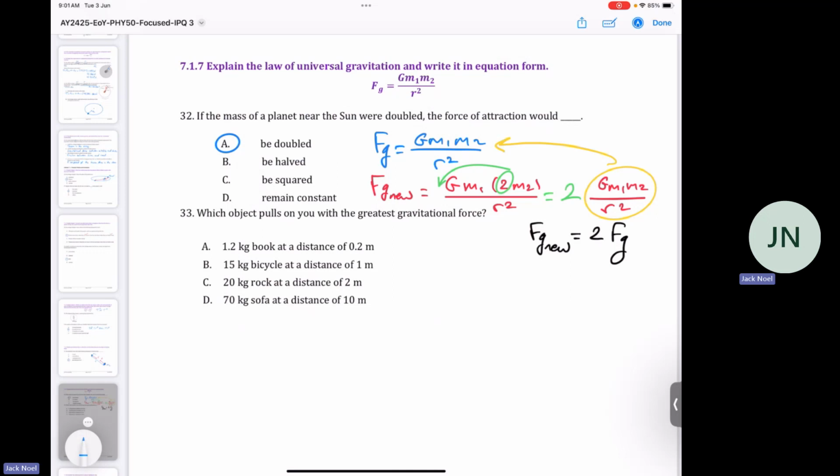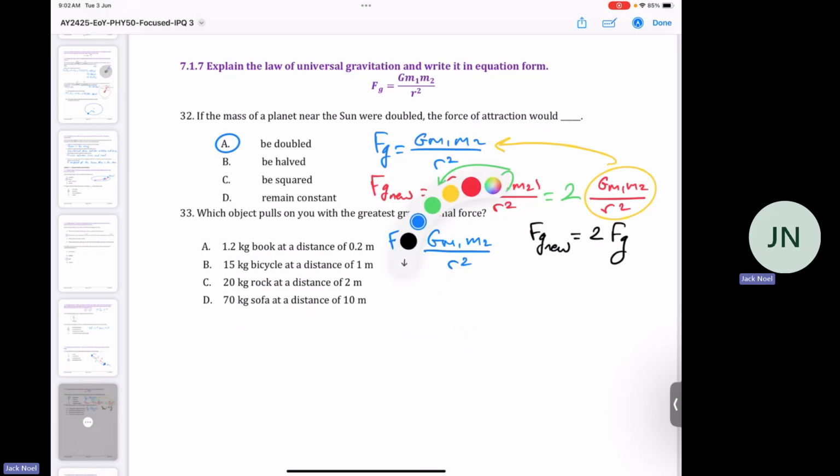Now, regarding this question, which is about which object pulls on you with the greatest gravitational force. Your mass is remaining the same. So Fg equals G m1 m2 over r squared.